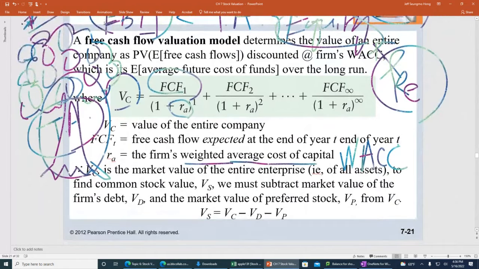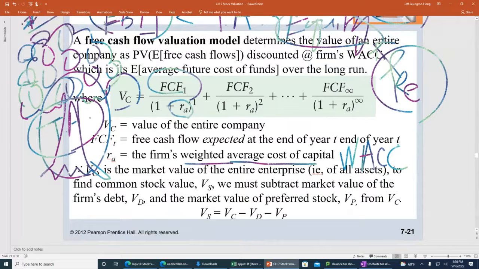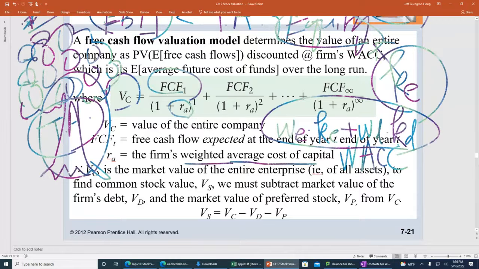Weighted average cost of capital means weight of equity times cost of equity plus weight of debt times cost of debt, right? That's the weighted average cost of capital. And by using that as the discount rate, we can find the value of the company.